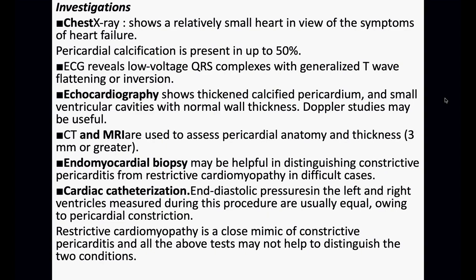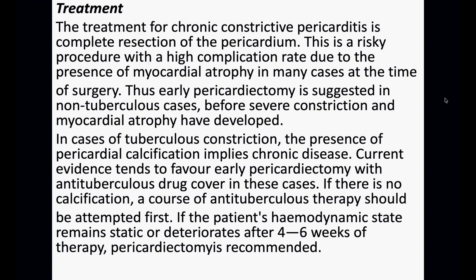The treatment of chronic constrictive pericarditis is complete resection of pericardium. This is a risky procedure with high complication rate due to the presence of myocardial atrophy in many cases and risk of myocardial damage. Thus, early pericardectomy is suggested in non-tuberculous cases before severe constriction and myocardial atrophy have developed.